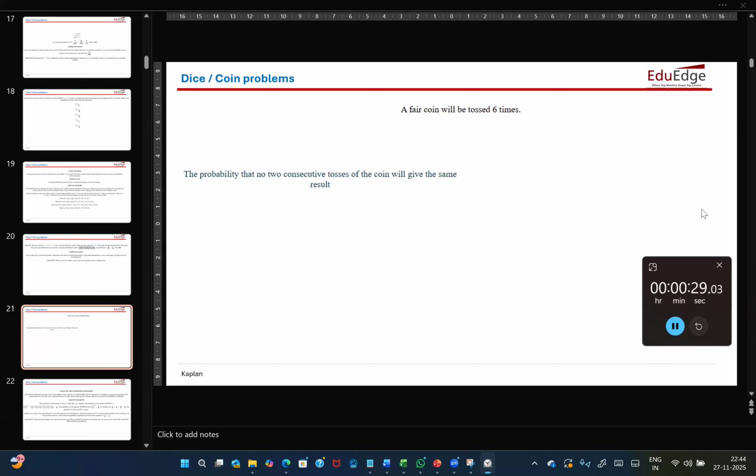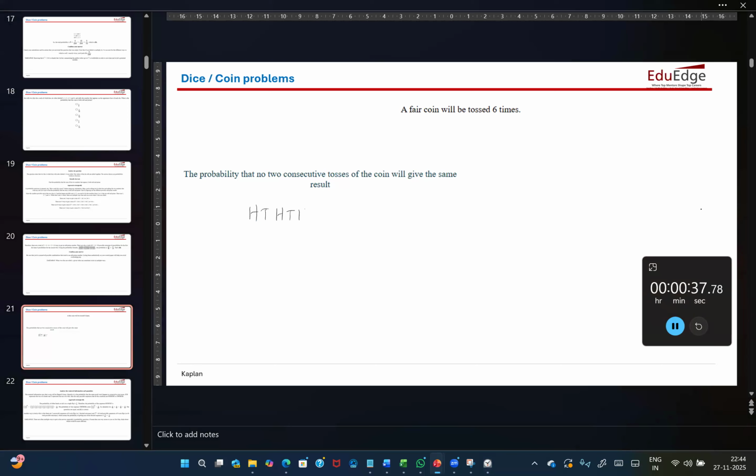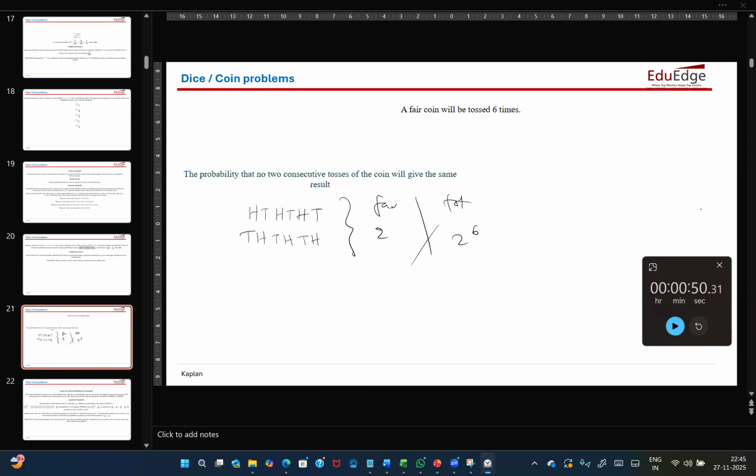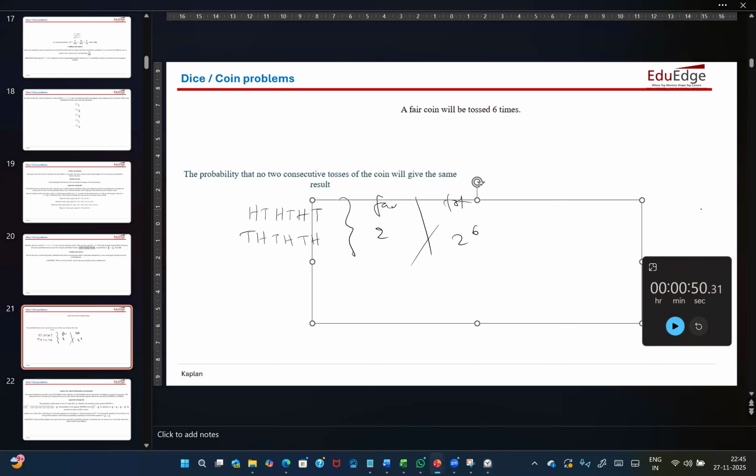So it can only be HTHG or THGH. So 2 favorable. Total is 2 to the power 6. So the answer is 2 divided by 2 to the power 6. Nice. Getting better.